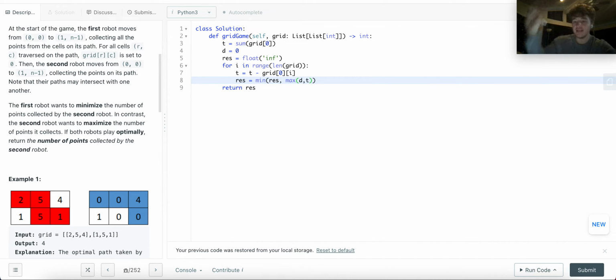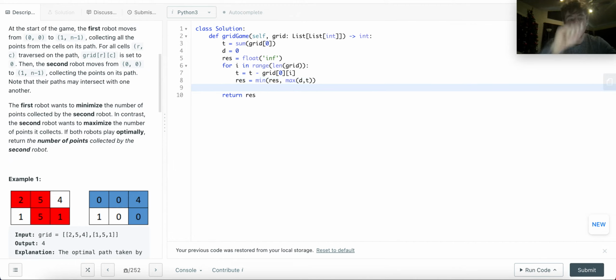Or they go right and down, or they can go down initially and then go right. Now that I'm going right, if I go down here, it doesn't get anything. But the second I move forward, I skip the point before, so that point is now included in what you get going down. So now down would be down equals down plus grid 1 of i.